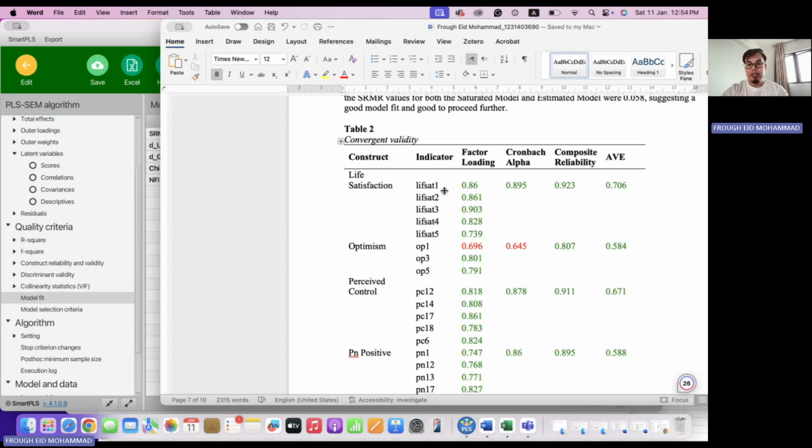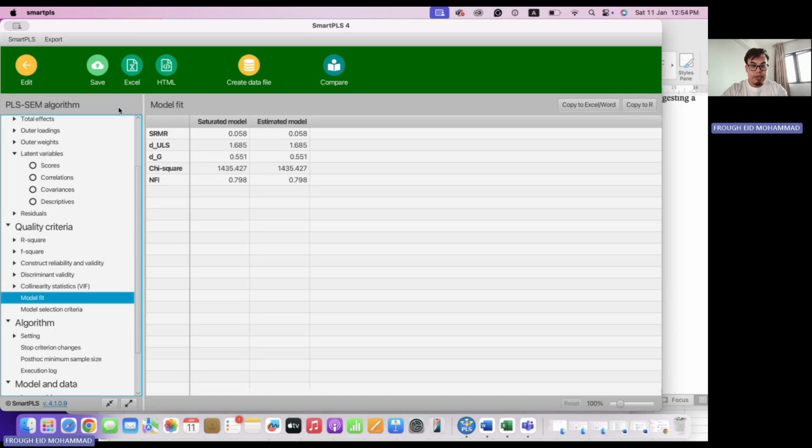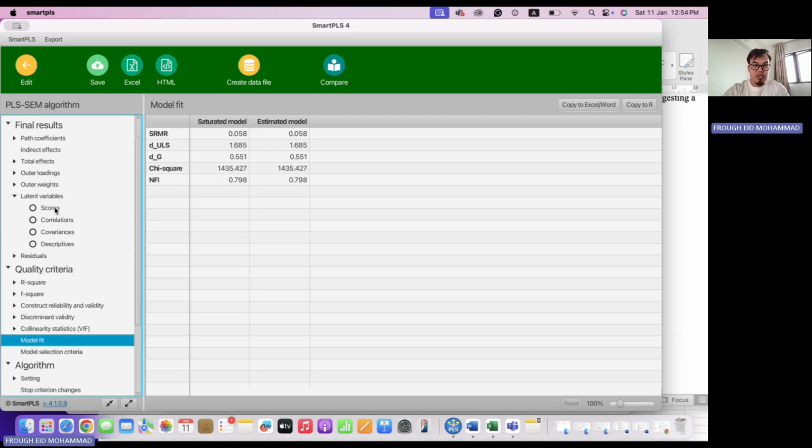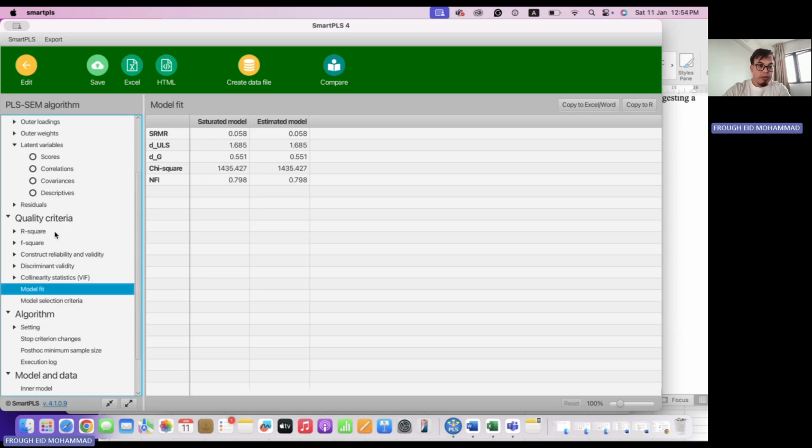After that, the indicators are already set here: the factor loading, the Cronbach's alpha, composite reliability, and AVE. For these, I need some values, like the reliability and the discriminant validity, and I need to extract them from here.